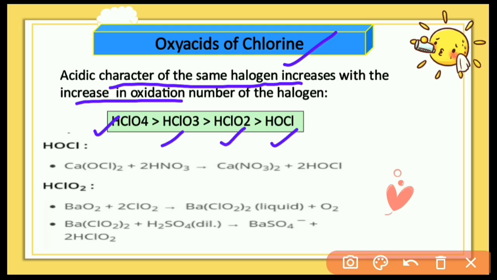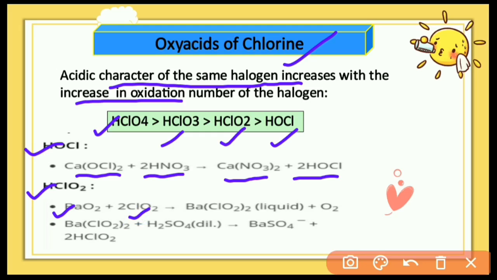First, hypochlorous acid. When calcium oxychloride reacts with nitric acid, it forms calcium nitrate and 2 moles of hypochlorous acid. Next acid is chlorous acid. It can be prepared by barium dioxide reacting with 2 moles of chlorine dioxide.